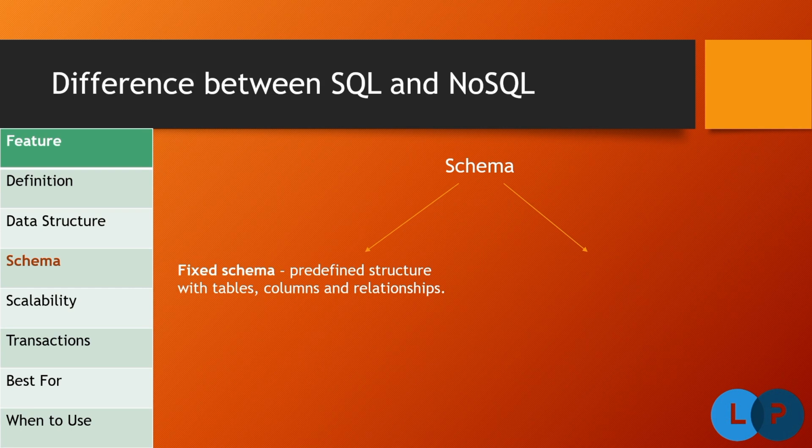If you have a fixed structure, then you will choose SQL. Its schema is fixed, a predefined structure with tables, columns, and relationships. But in NoSQL, there is a flexible schema. It allows dynamic and schemaless data models. Actually, everything in NoSQL is stored in JSON format, right?